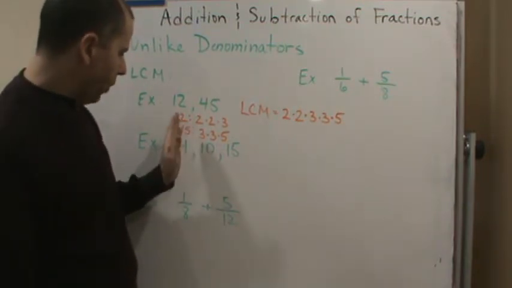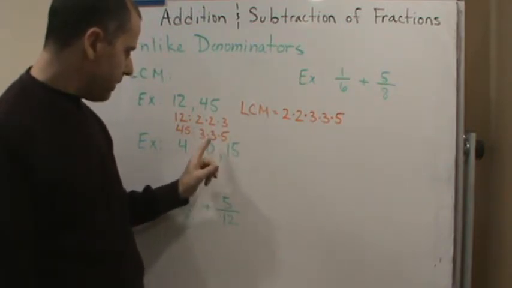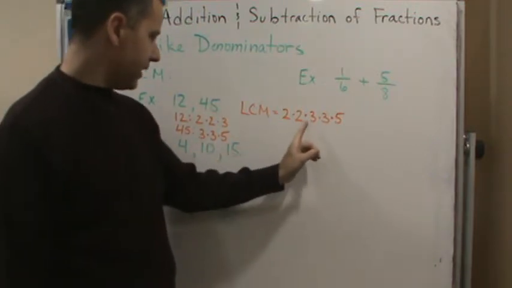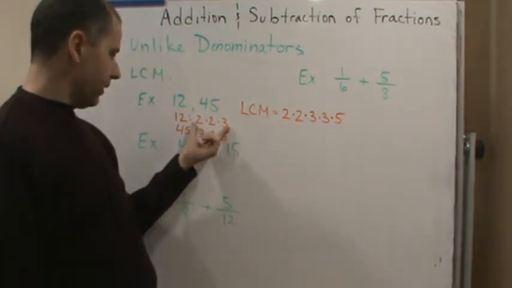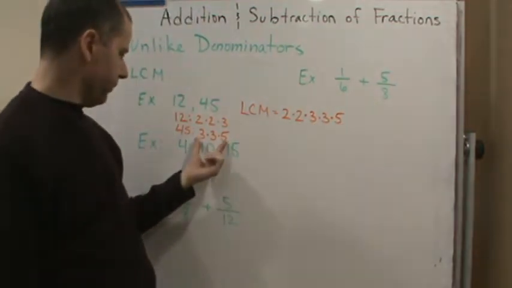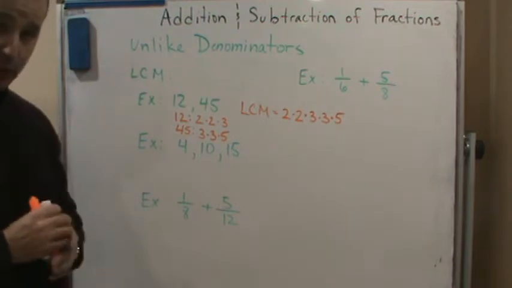So you have to take everything, but this 3 is already in here, so I'm only missing one 3. That's why I take it. These two give me the 12, and these three give me the 45. So both of them are represented.